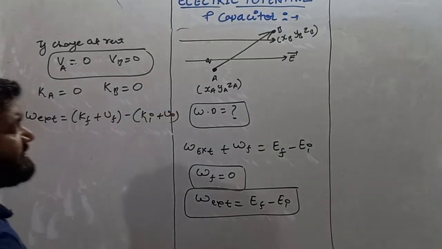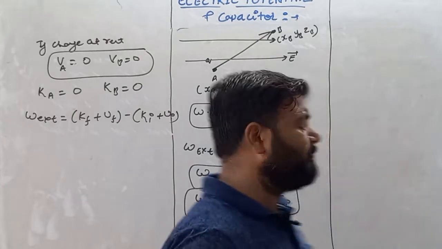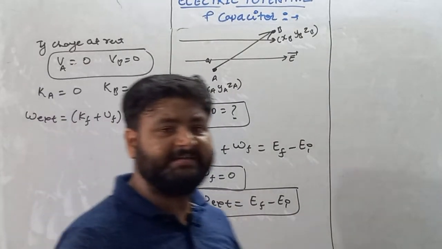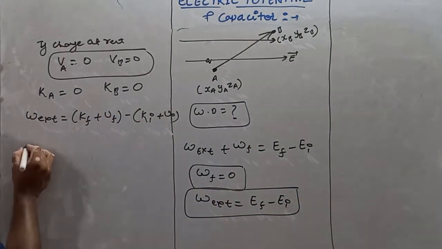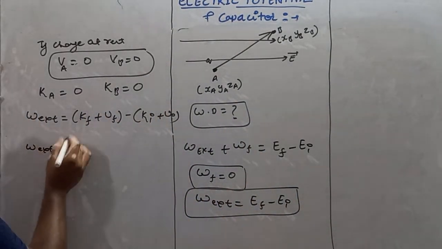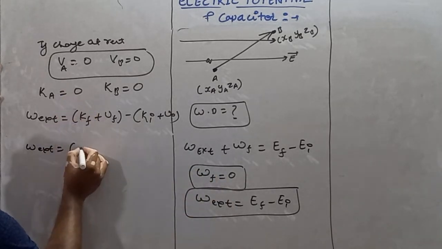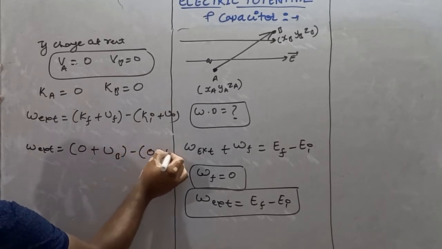K final means final kinetic energy and U final means final potential energy, minus K initial, the initial kinetic energy, plus U initial, the initial potential energy. So we'll write work done by external force is equal to K final which is 0, so 0 plus UB, minus 0 plus UA.